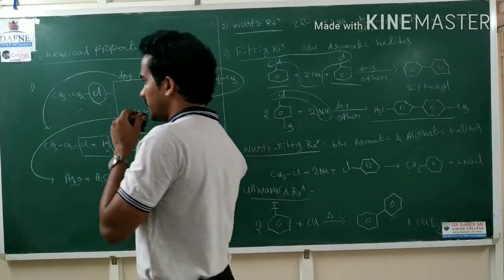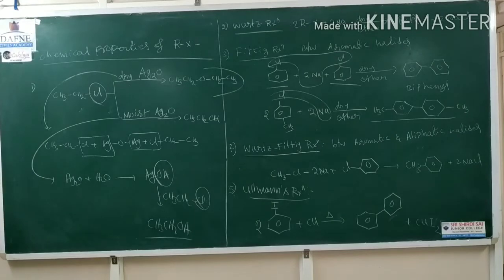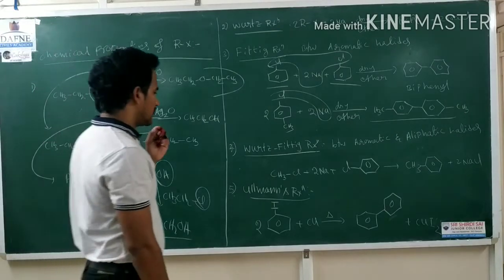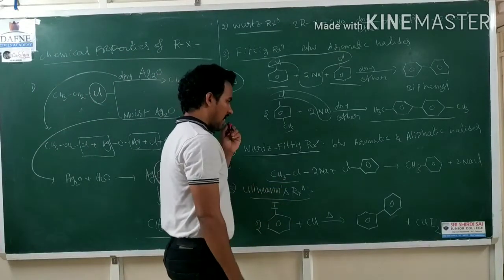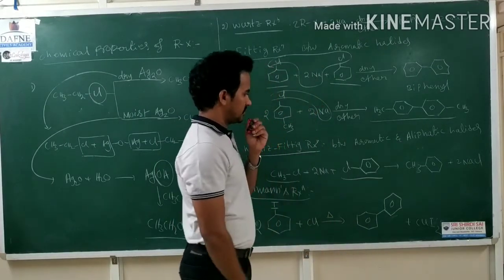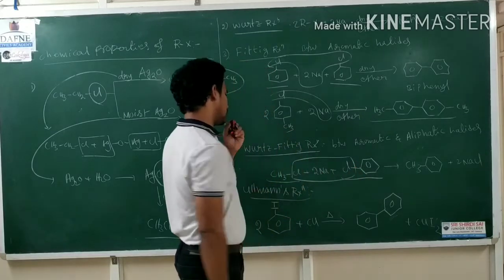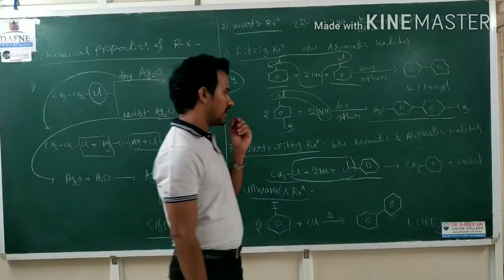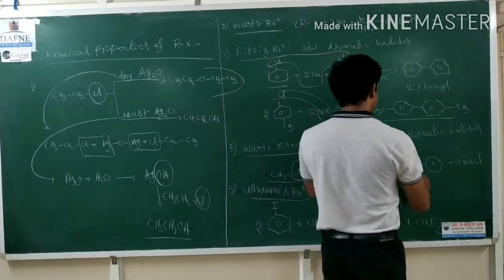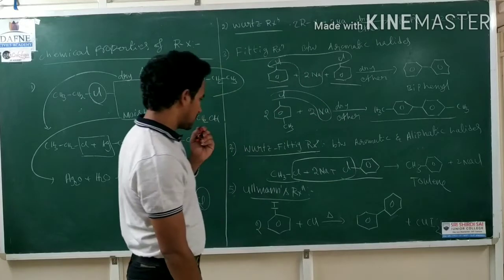So Wurtz-Fittig is a reaction between an aliphatic halide and an aromatic halide. Between these two, a Wurtz type of reaction is nothing but the Wurtz-Fittig reaction. You will get toluene, methylbenzene, as the product.